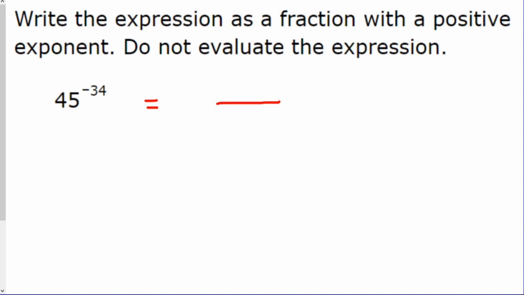If you type this in your calculator it's going to crash, because 1 divided by 45 34 times is going to be so small, it's basically just going to give you either a 0 or an error. So again, we want to make this positive. All we do is move it to the bottom.